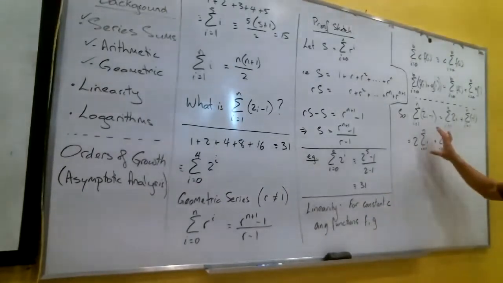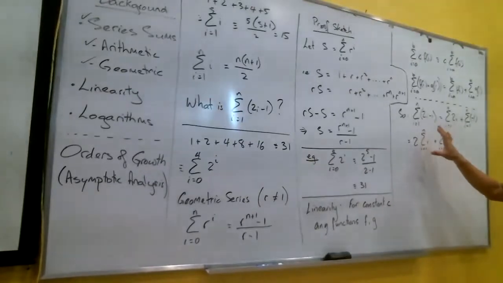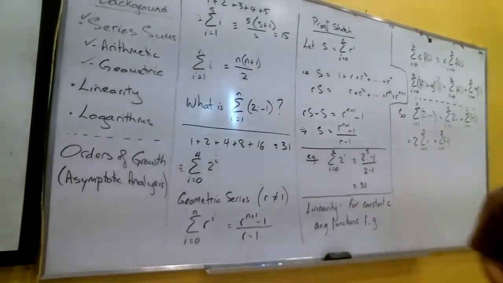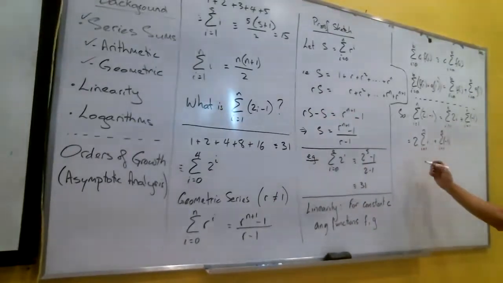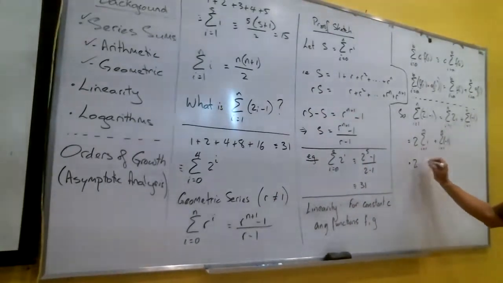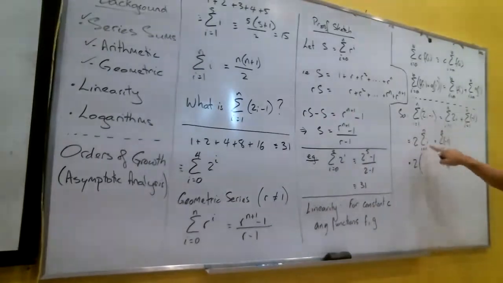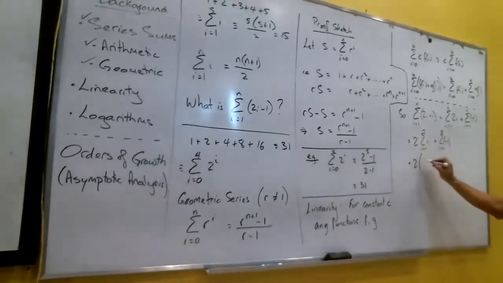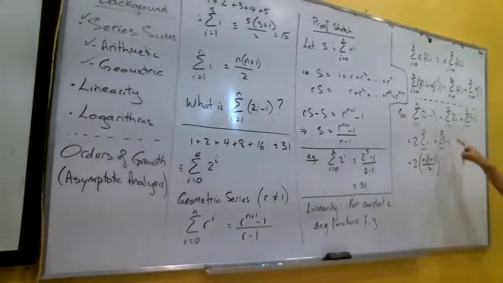All right. Now we'll have a formula for this, don't we? So the formula right there, we can then substitute. So this is 2 times, now this sum, if you're just summing those i's, you'd have gotten n times n plus 1 over 2. And that's going to be multiplied by 2. What's this though?